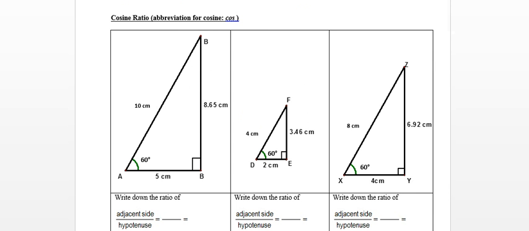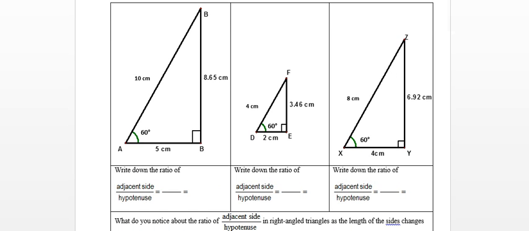Let us now look at the cosine ratio of three different right-angled triangles with a common angle of 60 degrees. Similarly, we need to label the different sides of the triangle with respect to the given angle of 60 degrees.